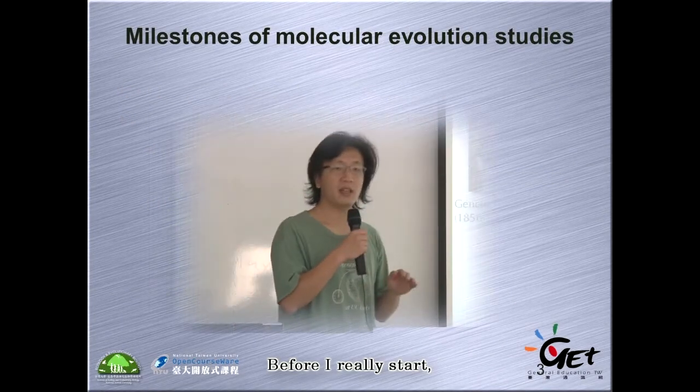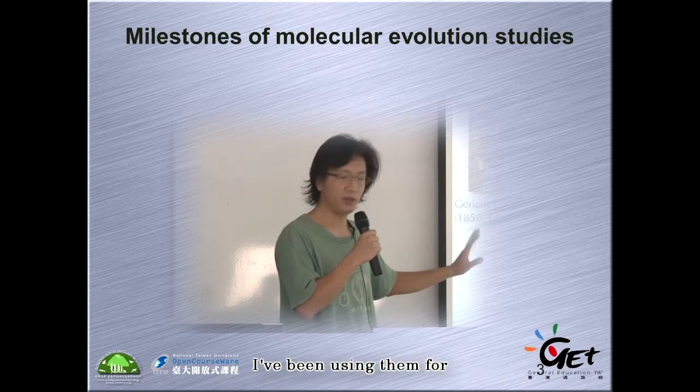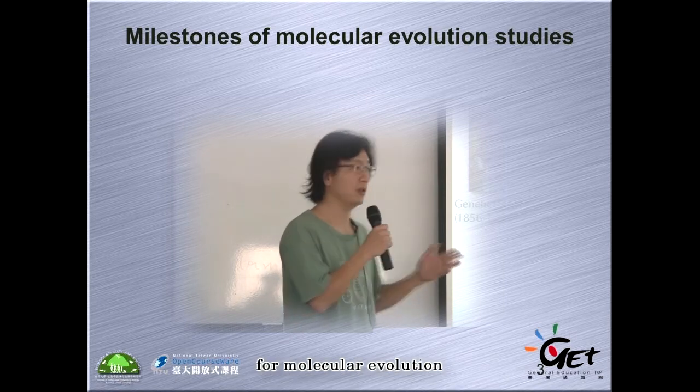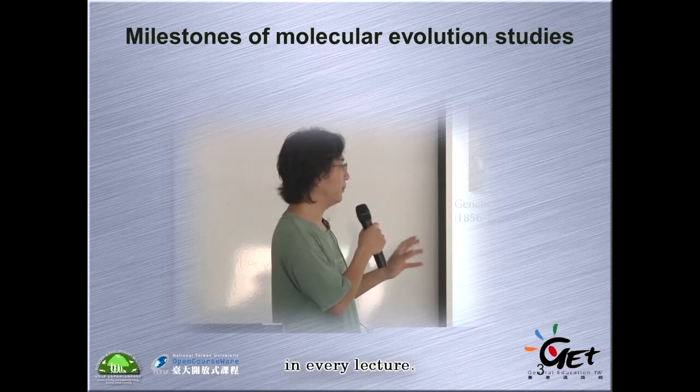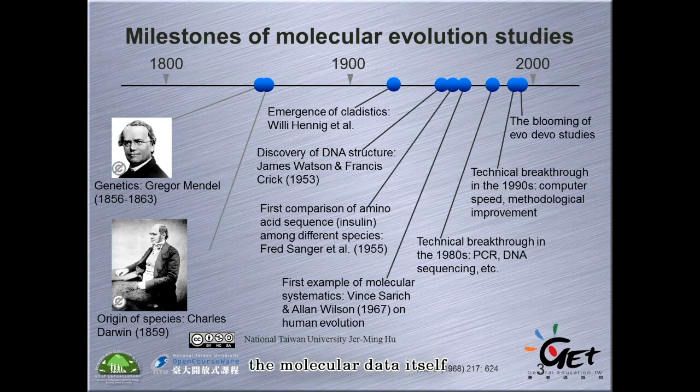Before I really start, these are some of the introductory slides I've been using for a journal-purpose evolution or molecular evolutionary lecture. They just give you some idea about how this phylogenetic analysis concept evolved over time. The basic idea for the molecular data itself, of course, is the discovery of the DNA structure and so on.